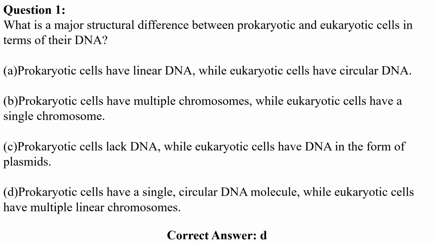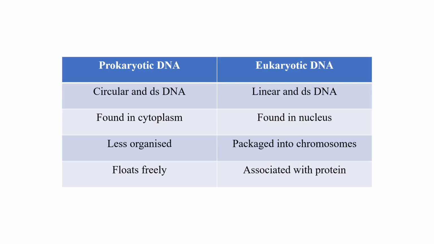So the fourth option is the correct answer. Here I have listed the difference between the prokaryotic and eukaryotic DNA. The DNA is circular and double-stranded for prokaryotic cells, and for most eukaryotic cells, the DNA is linear and double-stranded.